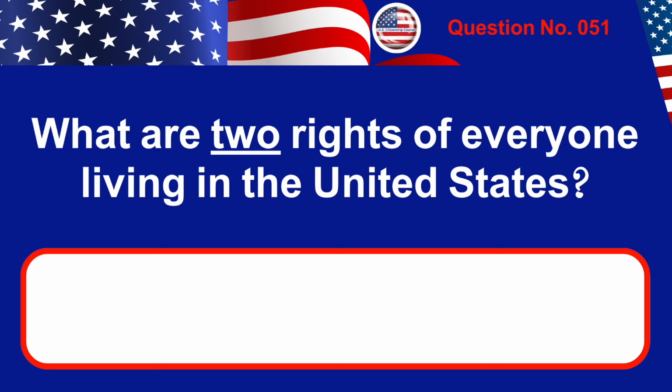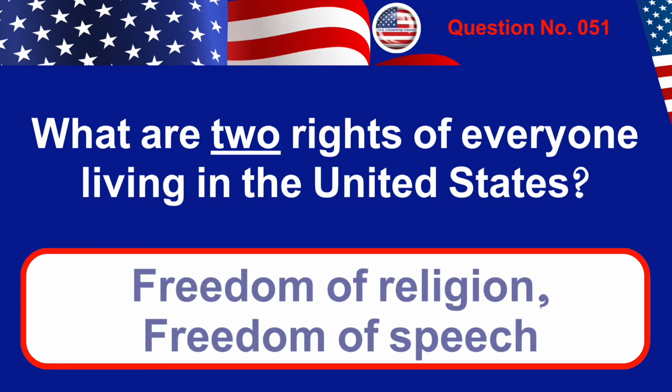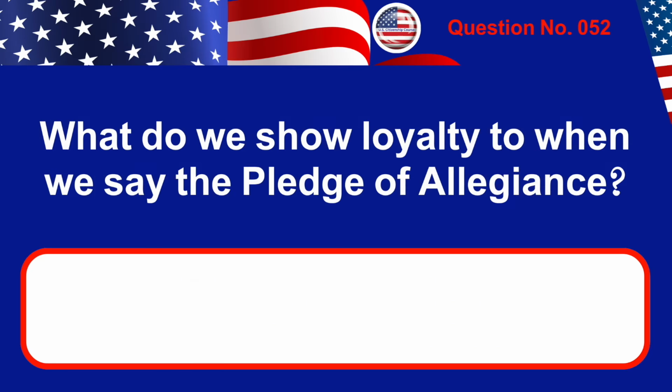What are two rights of everyone living in the United States? Freedom of religion. Freedom of speech. What do we show loyalty to when we say the Pledge of Allegiance?